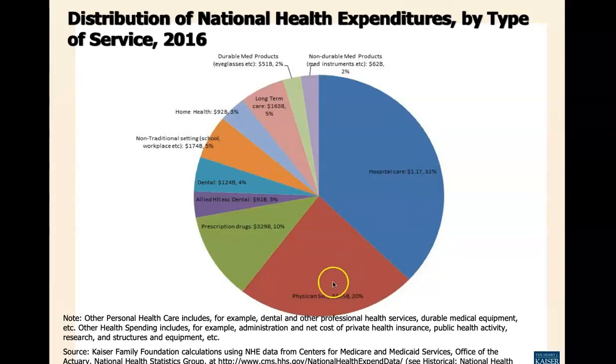What's really interesting, though, is that physician services are still at the same percentage, about 19.9 or 20% of total healthcare expenditures. It was $515.5 billion in 2010, and it went up to $665 billion in 2016. Nonetheless, it's still about 20%.